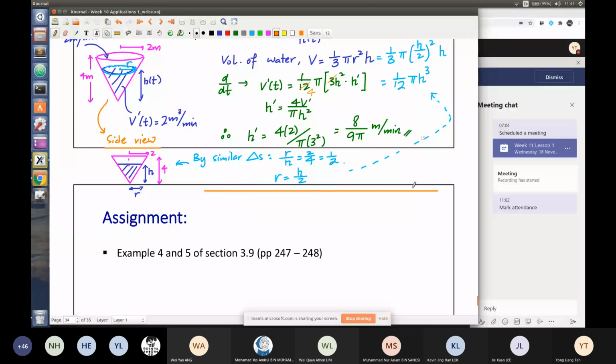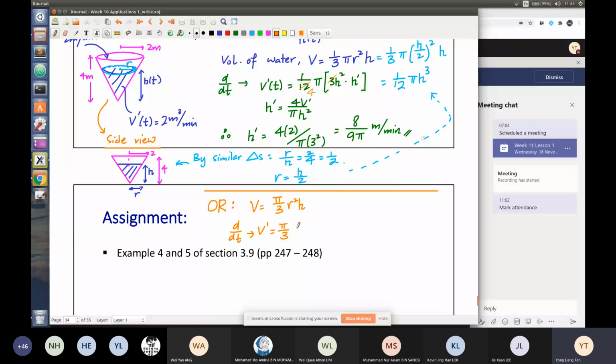So, check. V equals 1/3, or let me put it as pi over 3, r squared h. You have something like that, and you can clearly get V prime, by differentiating with respect to time. Use your product rule. So let's say at this stage you didn't realize to replace r.